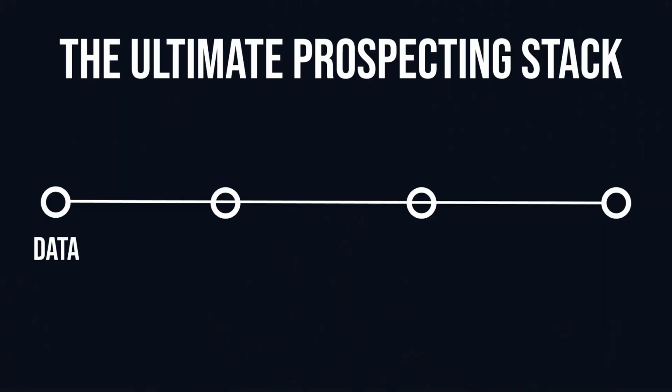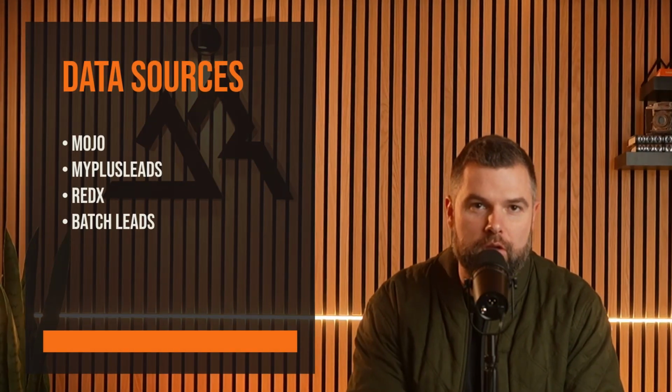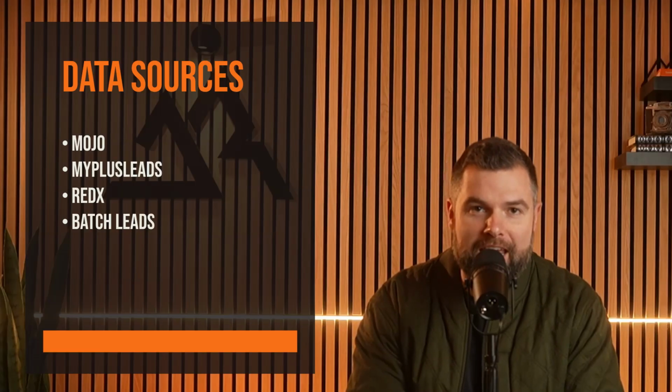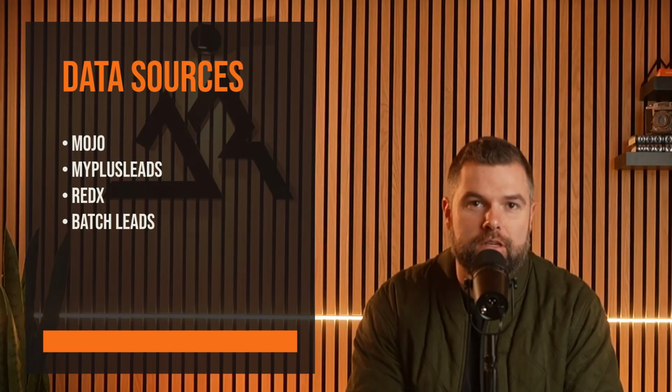The first pillar is going to be the data. This is where you get your data of who to call. There's a number of different data sources and lead providers that you can use. For example, Mojo, MyPlus Leads, which is the one that I use specifically for expireds and circle prospecting, RedX, Batch Leads is another one.